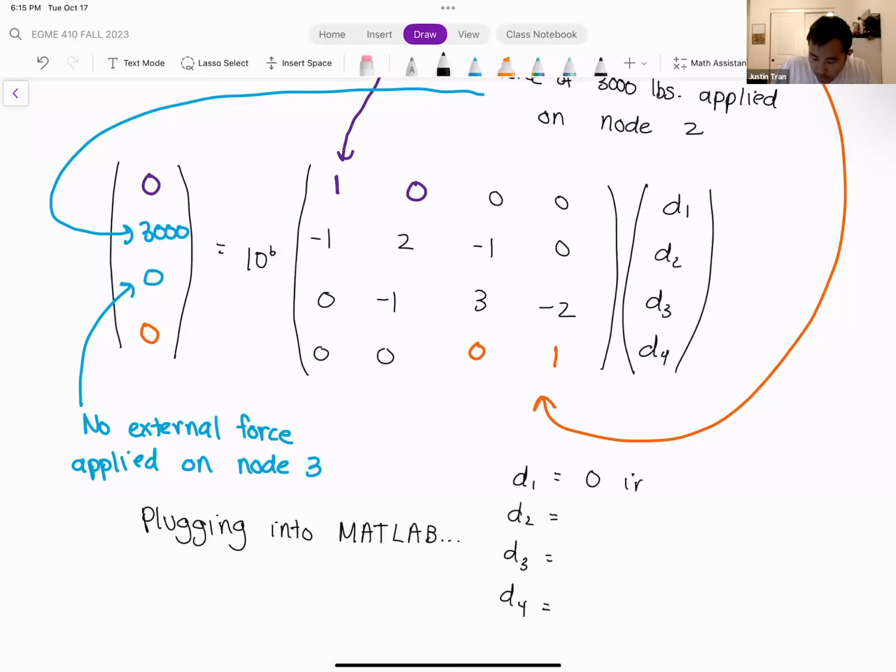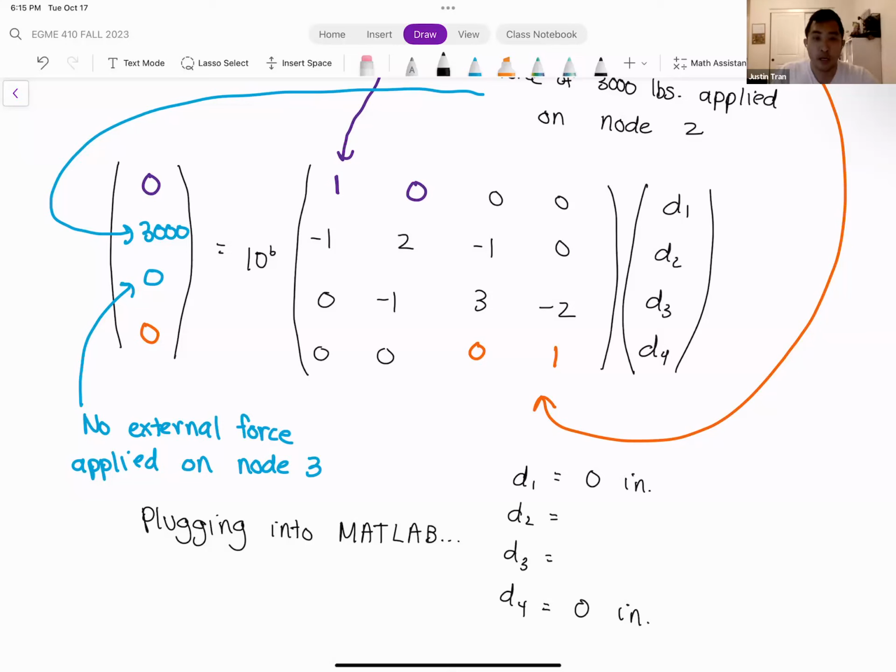We plug this into MATLAB, and what we get is D1 is equal to 0 inches. D4 is also equal to 0 inches. That makes sense because that's where our fixed supports are, and our fixed supports say that the displacement there is going to be 0.